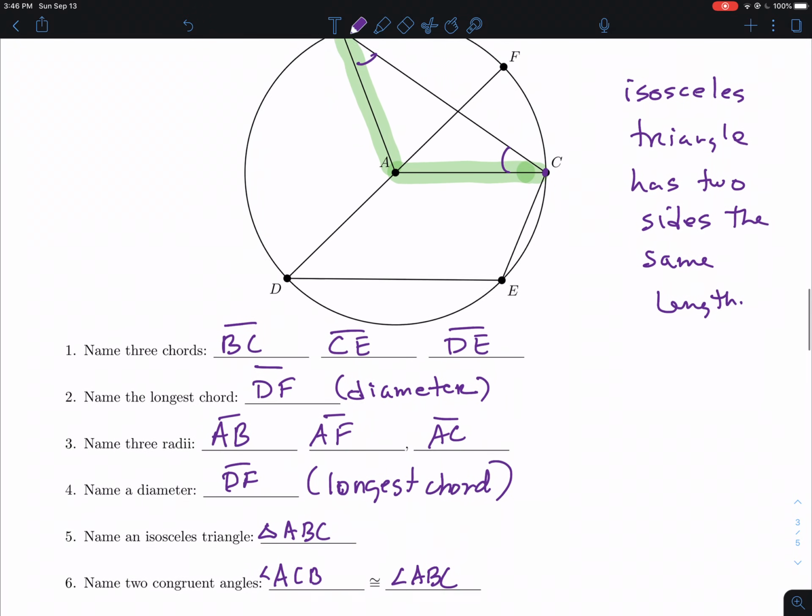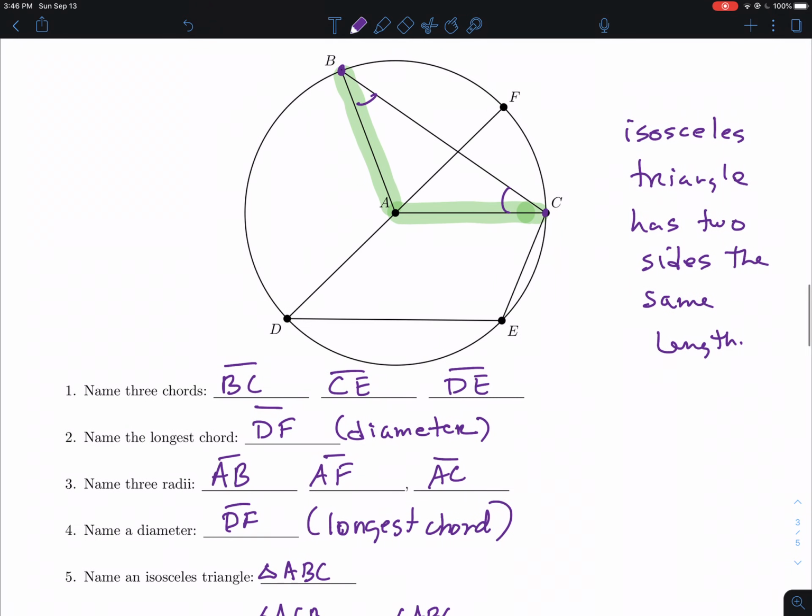So name a central angle. Again, this is going to have a lot of right answers. There's a bunch of central angles going on here. Anything that starts off in the center is going to be a central angle. Like in this case, that's a central angle. This is a central angle. This would be a central angle. And this would be a central angle.